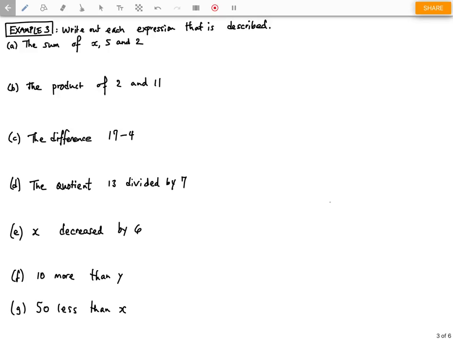So to start, you will see or hear these 4 terms: sum, difference, product, and quotient.